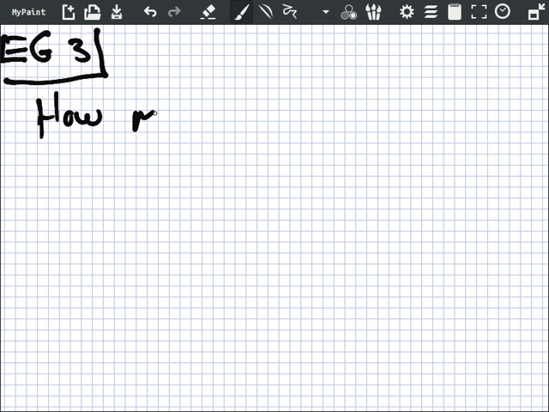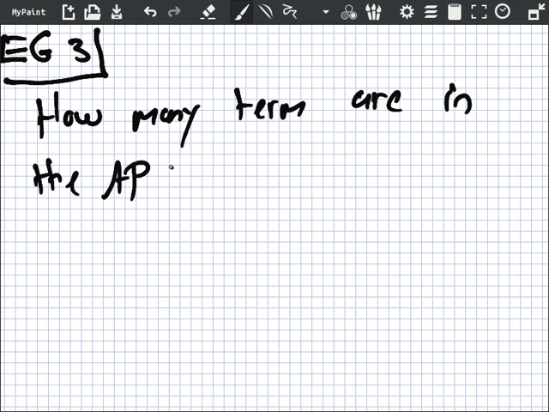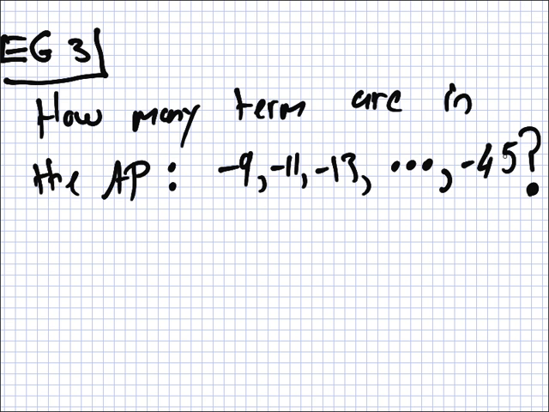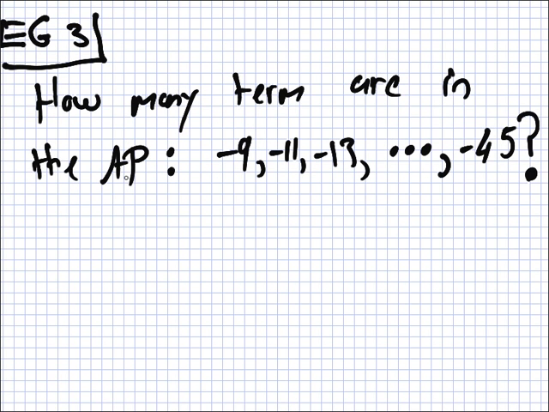Right. How many terms are in the arithmetic progression minus 9, minus 11, minus 13, dot dot dot, finishing at minus 45? Now, how can we do this one? The trick is you make Un equal to minus 45. And in this way you can figure out what the n was to make the last term.